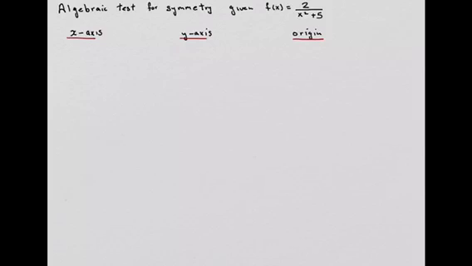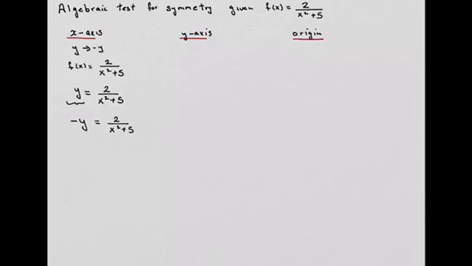In the first test, for x-axis symmetry, y will be replaced with minus y. So we have f of x is equal to 2 over x squared plus 5. f of x is the same as y, so y is equal to 2 over x squared plus 5. And now we replace y with minus y, so minus y is equal to 2 over x squared plus 5.